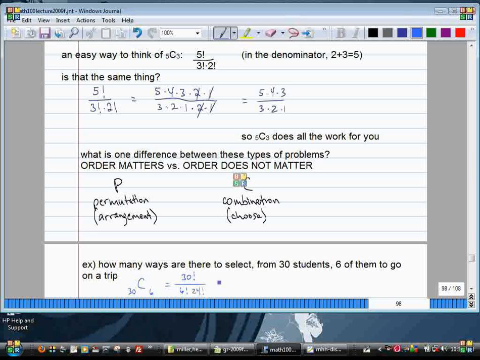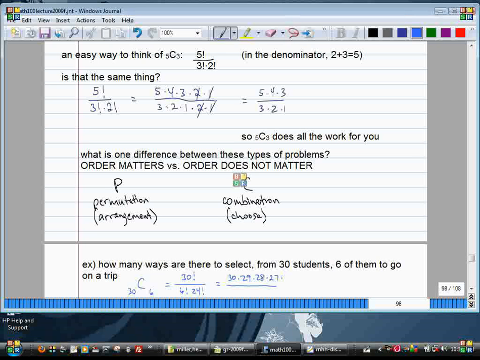Okay. Now we got to straighten this out. Now how can we write this out? What's going to be on top? 30 times 29 times 28 times 27. You can just go up to 24.